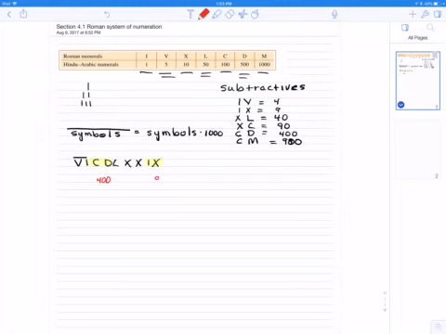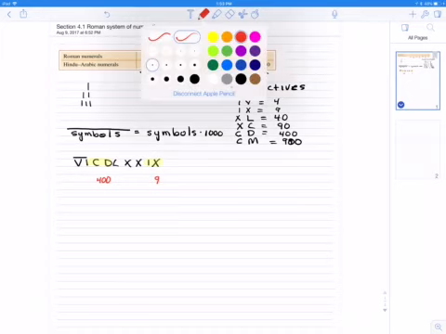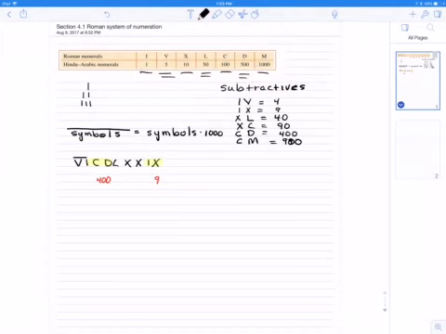IX is valued at 9. Everything else would be additive. So the symbol for V, that's 5 plus 1. The bar over the symbols indicates multiplication of 1,000.